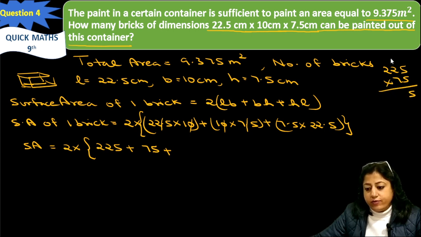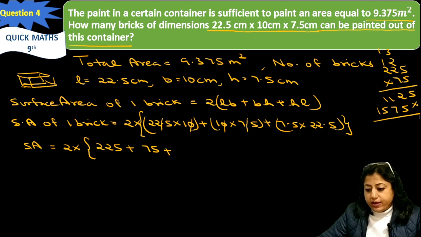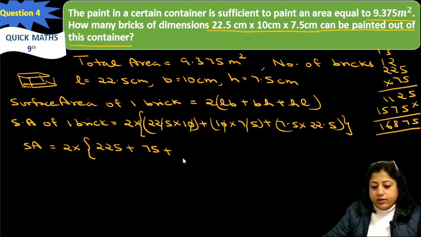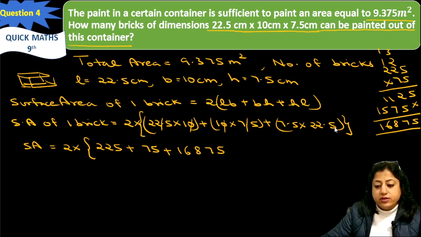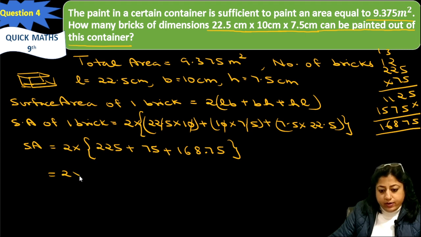This gives 16875, and how many places of decimal will be considered? 2. So it will be 2 into, we will add them: 2.25 plus 0.75 plus 168.75.